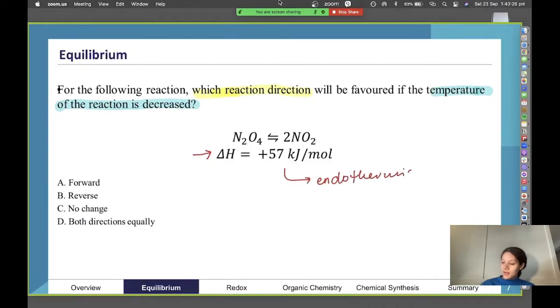And endothermic reaction means that we're going to be absorbing heat to get to our products, absorbing heat to create those products.